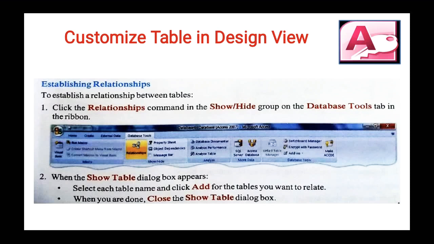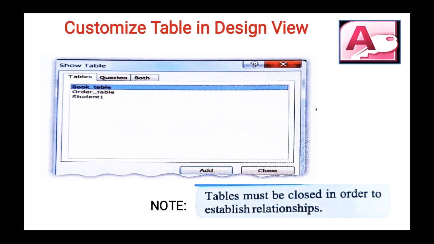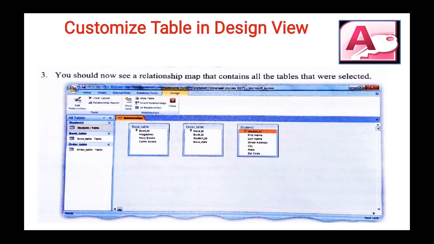Now, whatever tables we have created will be shown like this. Tables must be closed in order to establish relationships. Now we can see a relationship map that contains all the tables that were selected.